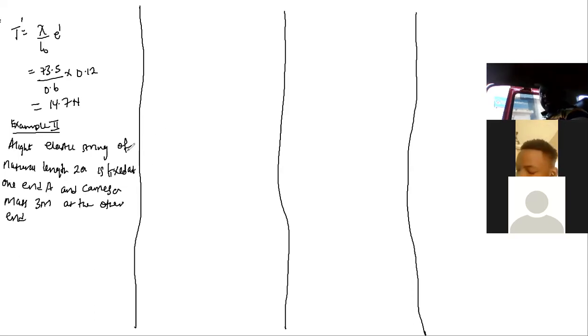So we have a light elastic string of natural length 2a fixed at one end A, and it carries a mass of 3m at the other end.